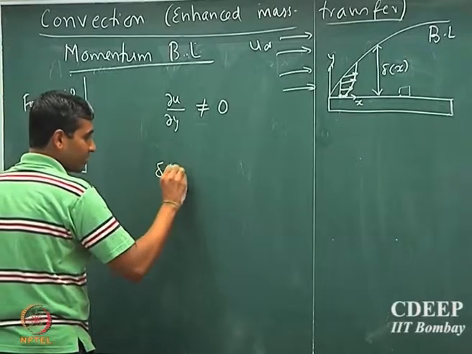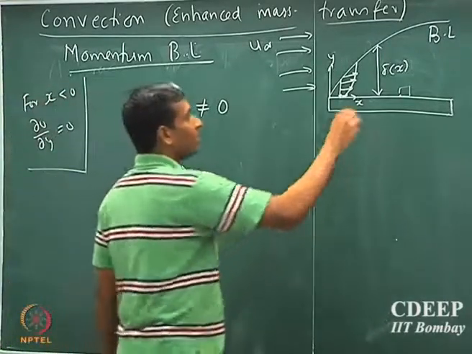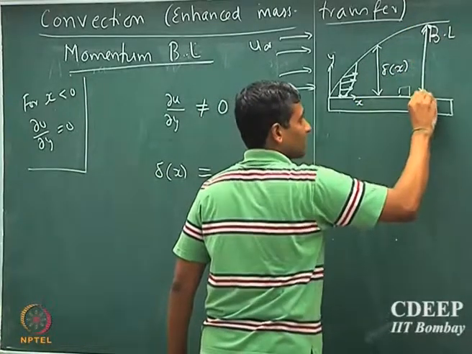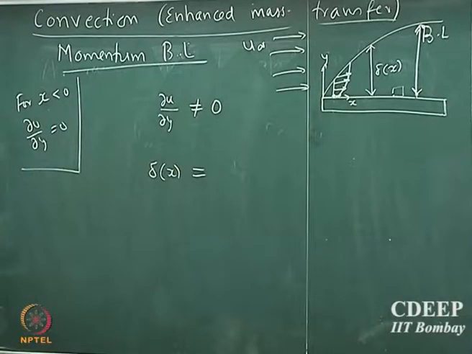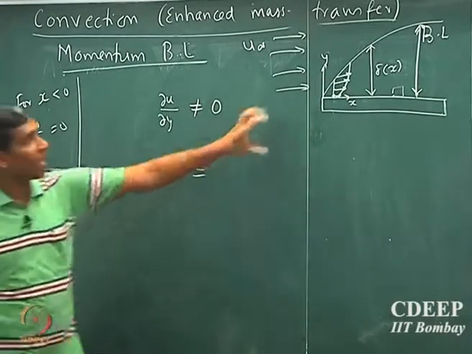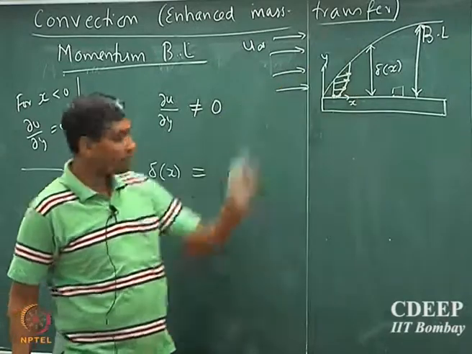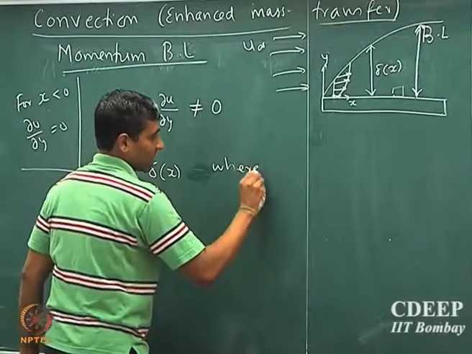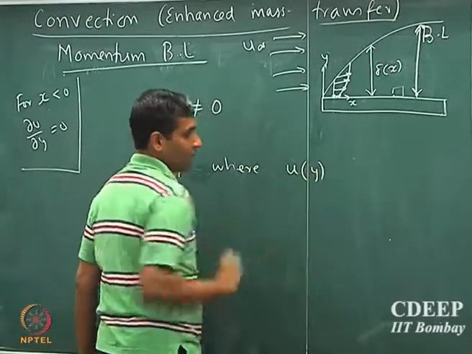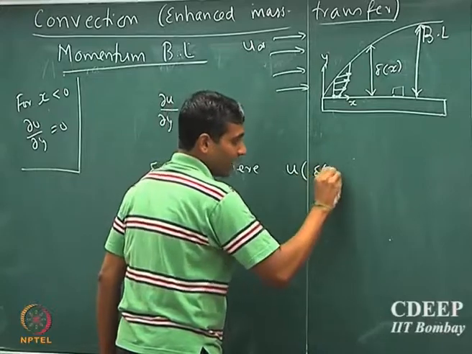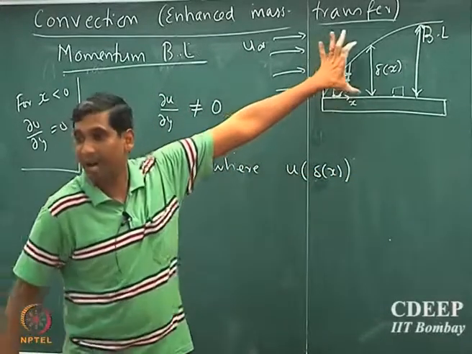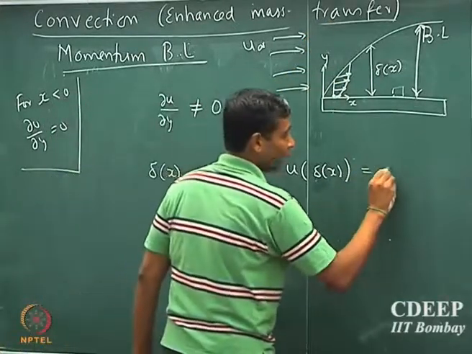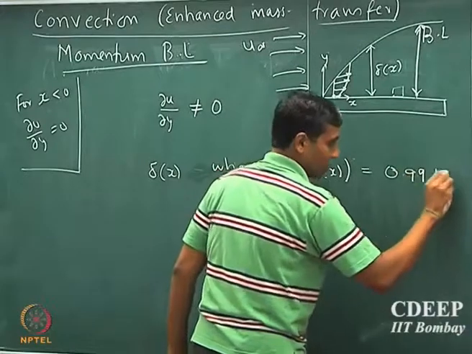The boundary layer thickness is defined as that location where u of y, u at delta x, so delta is the height of the boundary layer at any x location, u at delta is equal to 0.99 times u infinity.